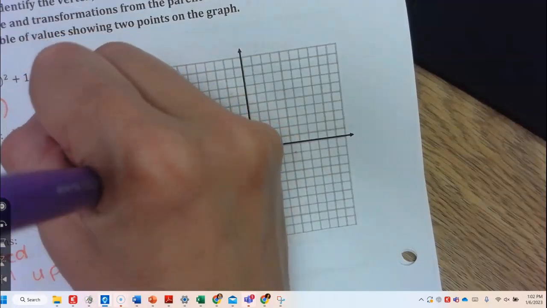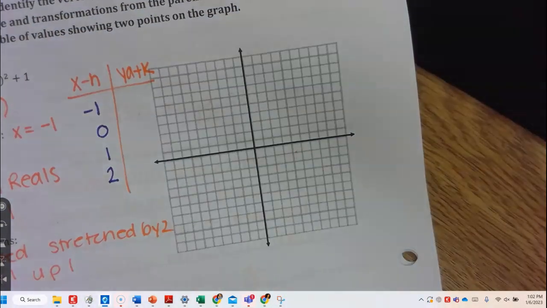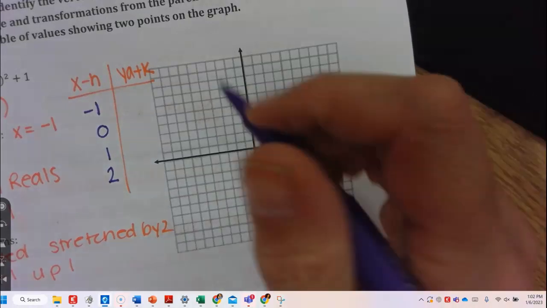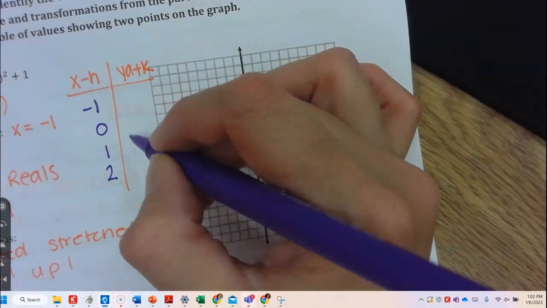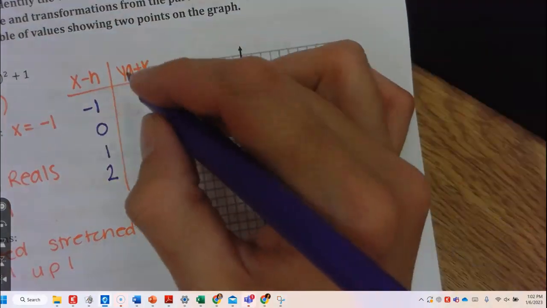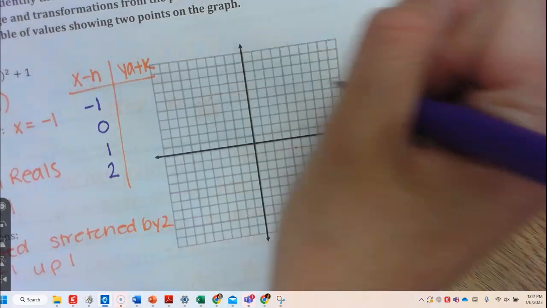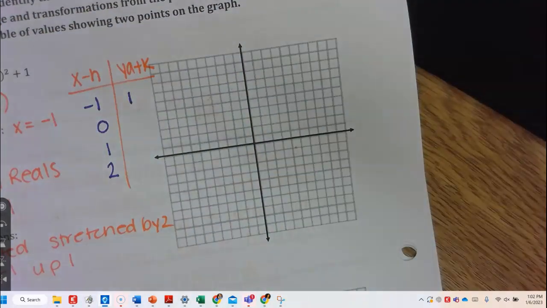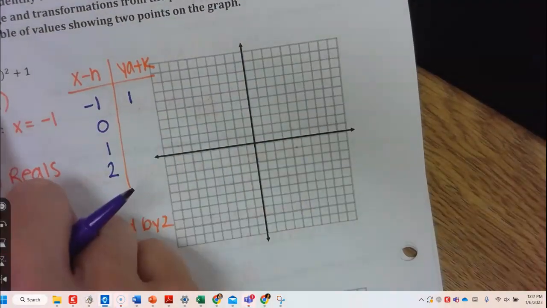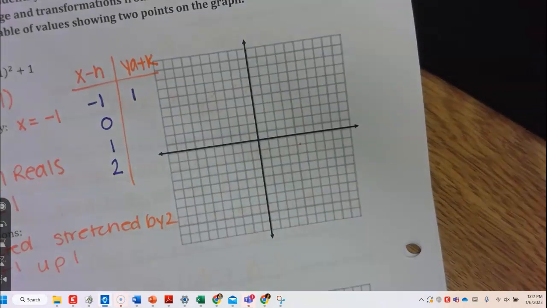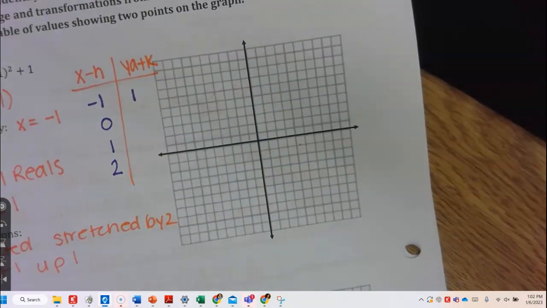And 3 minus 1 is 2. And then your y's go 0, 1, 4, 9. 0 times anything is 0. So 0 plus k is 1. And then 1 times -2 is -2. And -2 plus 1 is going to give you -1.